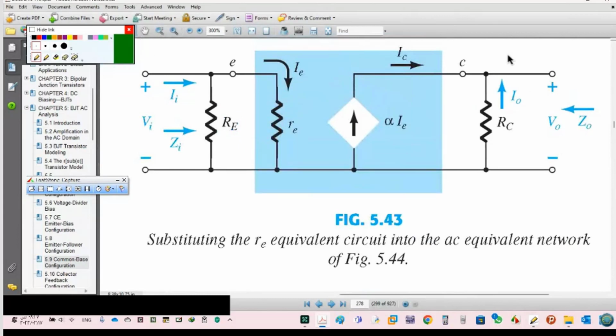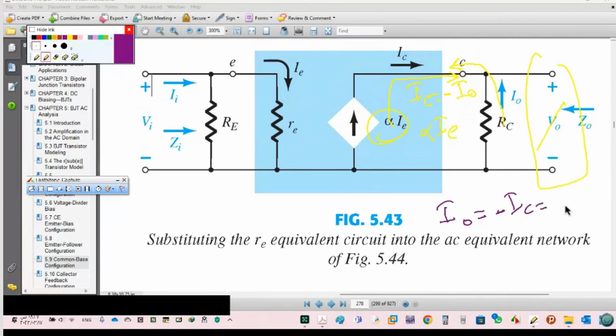If this is open circuit, so there is no current. So see, IC and IO are opposite. IC equals minus IO, and IC is alpha IE. So IO, from this graph, you can see IO equals minus IC, which is minus alpha IE.